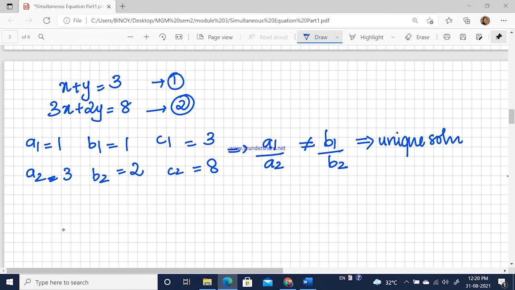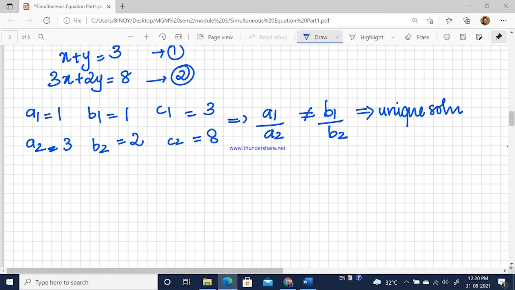Now, using the method of elimination, how can we come to a conclusion? The first equation is x plus y is equal to 3 and the second one is 3x plus 2y is equal to 8. In order to eliminate either of the variables x or y, you can either multiply the first equation by 3 or by 2.